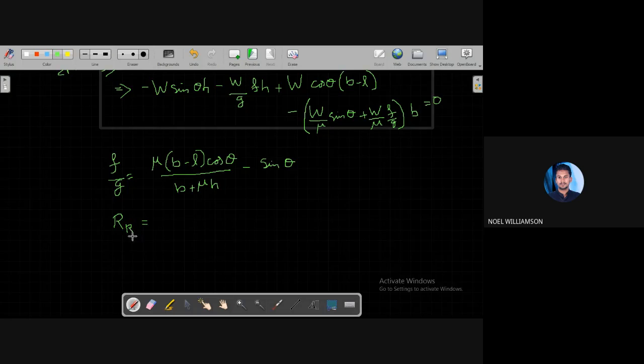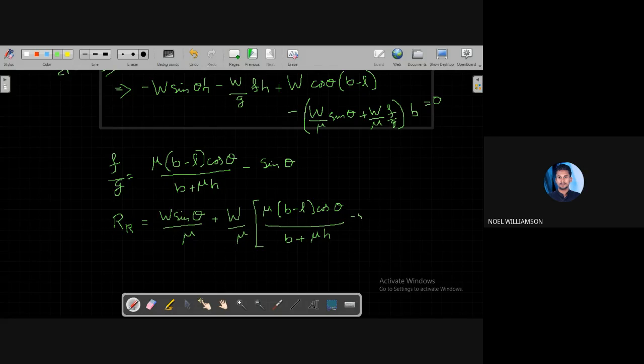By substituting we get RR equal to W sin theta by mu plus W by mu into mu into (d minus L) cos theta by (d plus mu h) minus sin theta.